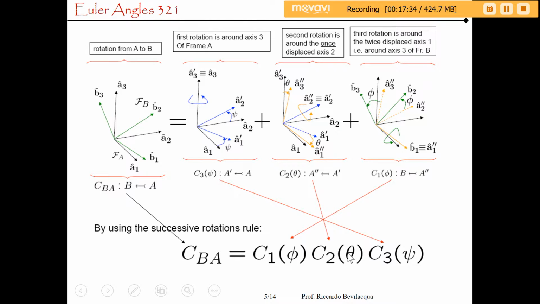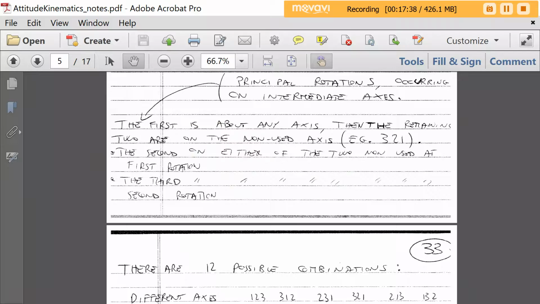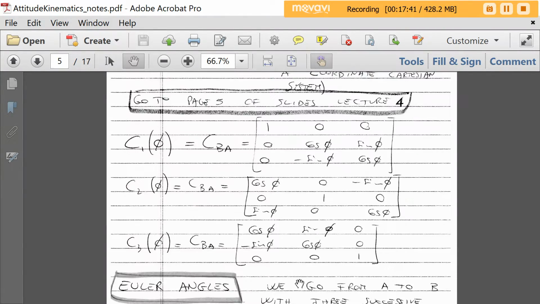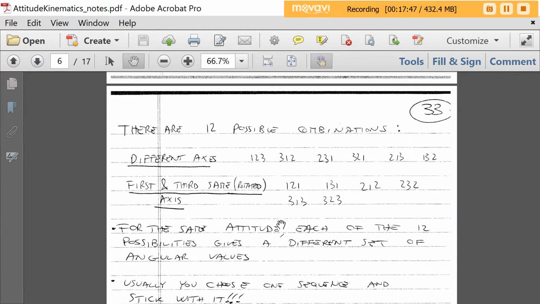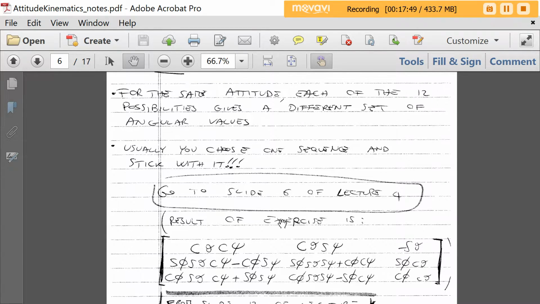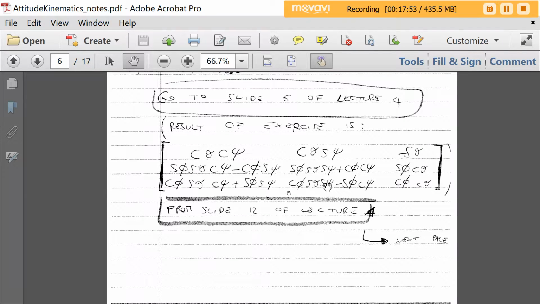So you go from 3 to 1, and you get A to B. And let me go back to my PDF. Basically, the C3 is this one, will look like this. C2 will look like this. C1 will look like this. And it's good stuff. If you multiply them all together, you're going to get this nasty DCM.